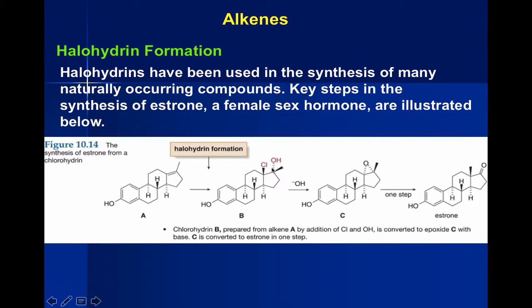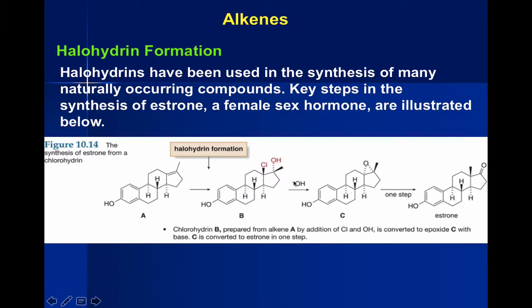And it follows the rules that we just said, in that we're going to get the chlorine adding here and the OH on this particular carbon. And now you get this chlorohydrin, and you probably have to separate the other regioisomer that you would get. But nonetheless, you get this chlorohydrin as the main product.